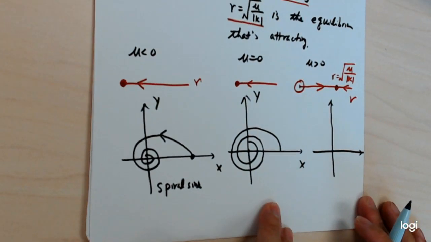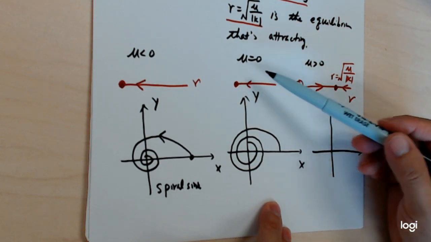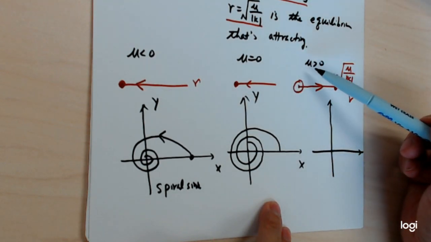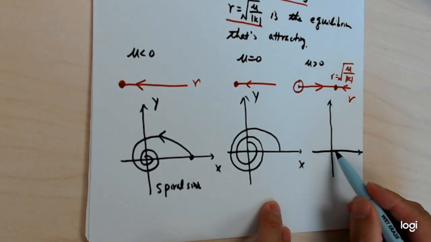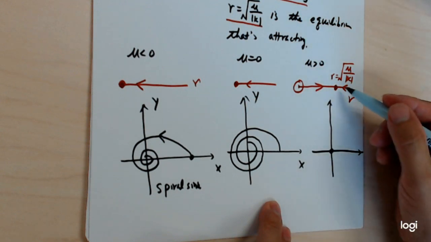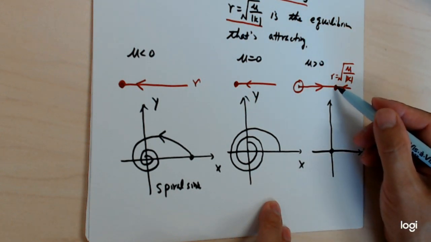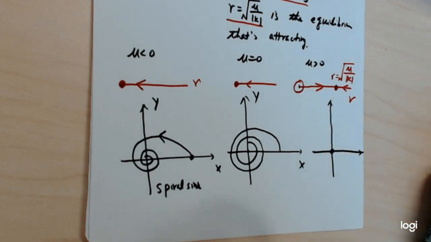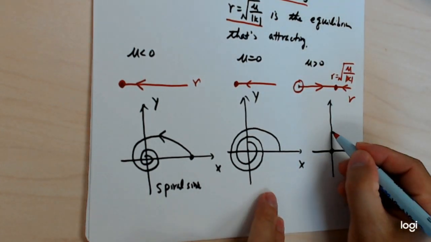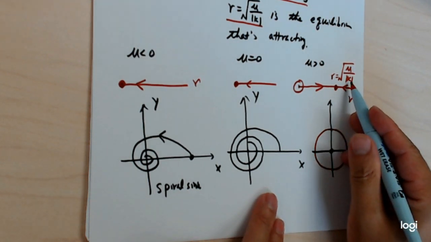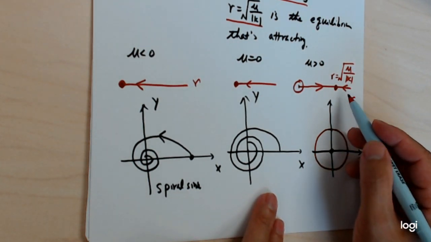The most interesting part is what happened when mu crosses zero. When mu is something that's even slightly positive, the origin becomes unstable. But then there is this circle. This is actually a circle, with radius given by this, being attracting.